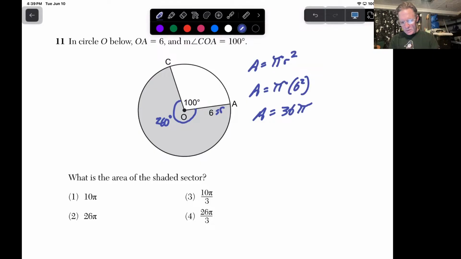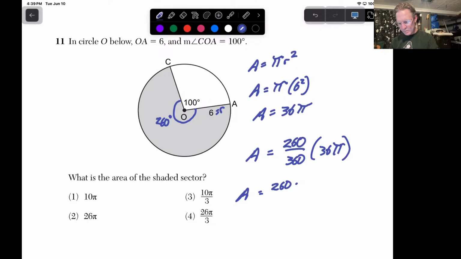So really the area is going to be the central angle, in this case 260 over 360, times that 36 pi. Well, if we think about this, we could say 260 times 36 over 360 times pi.